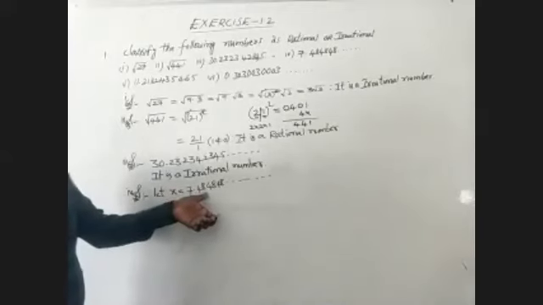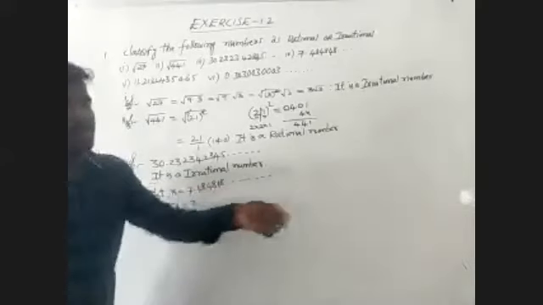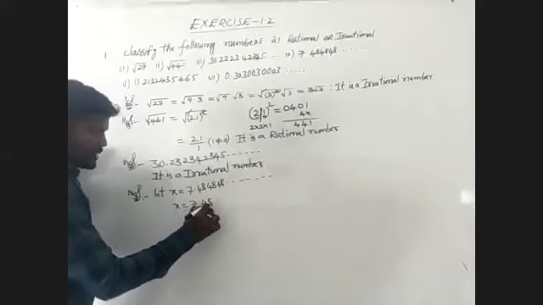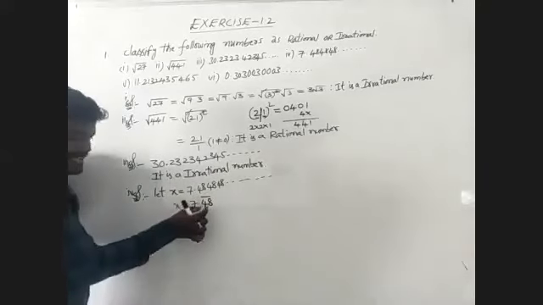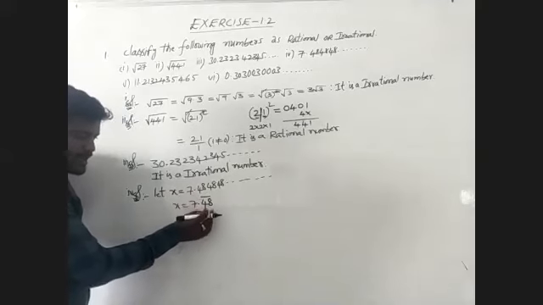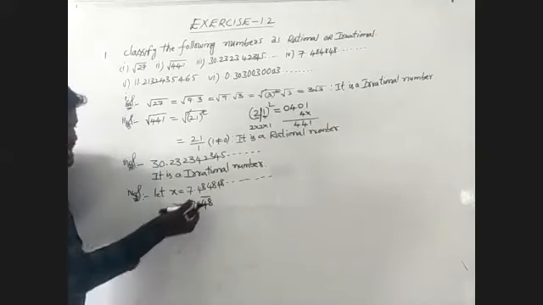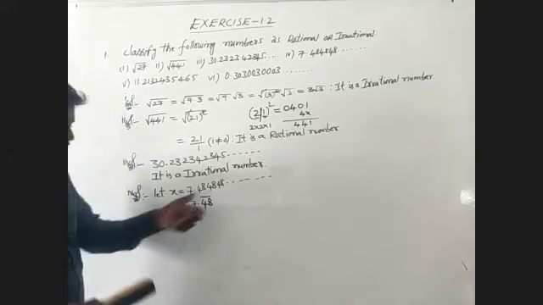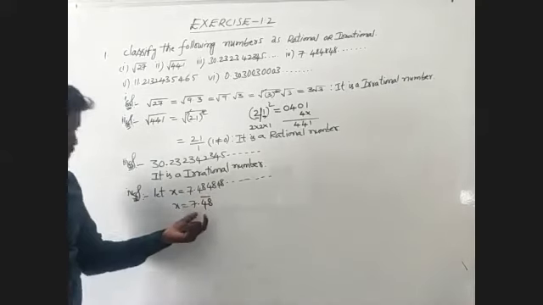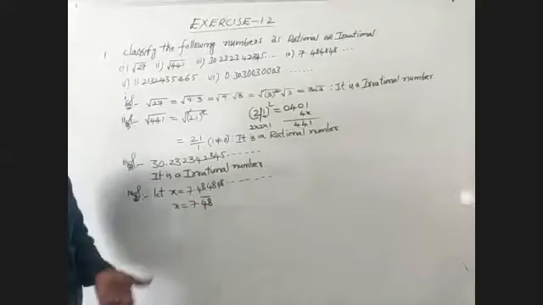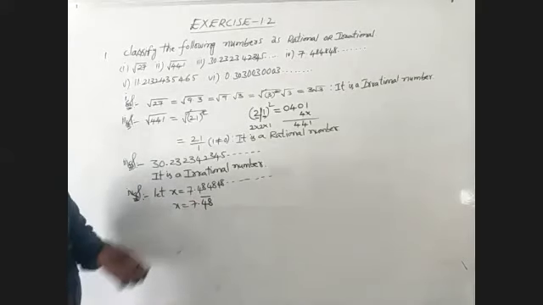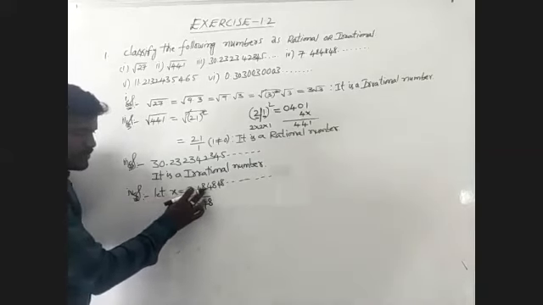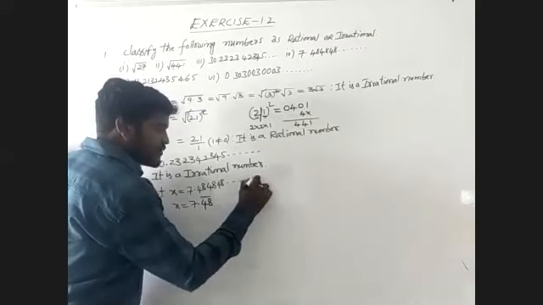Here also 48, 48, 48 and so on, which means we take 48 bar. Here the number after the decimal point has two digits as the bar, so you can multiply by 100, and the given number is a rational number. I take x is equal to 7.484848 and so on. This is equation number 1.